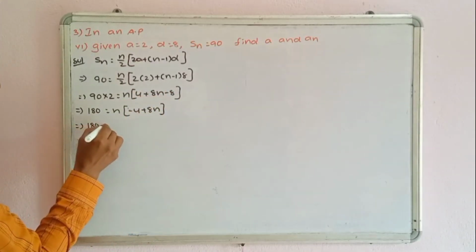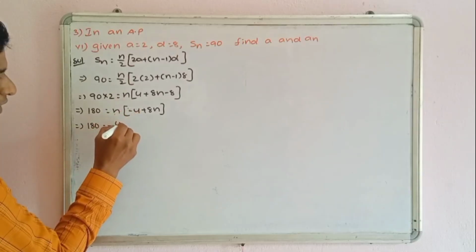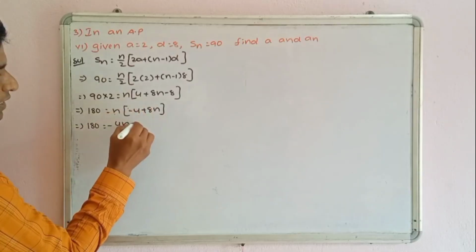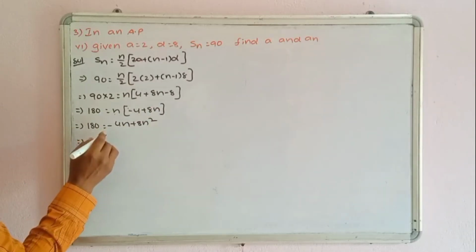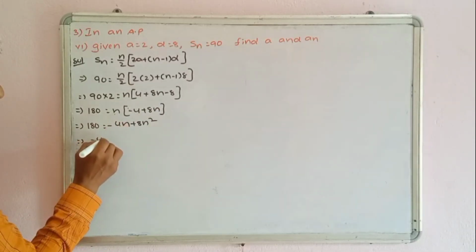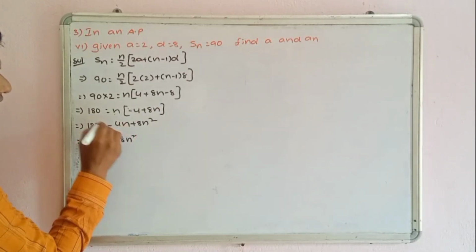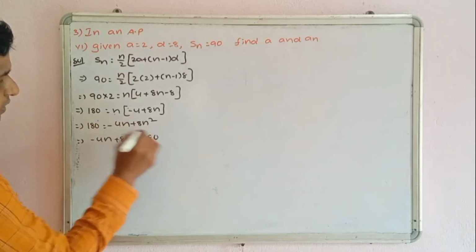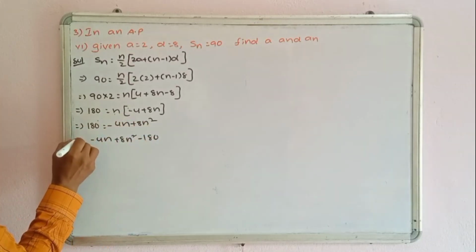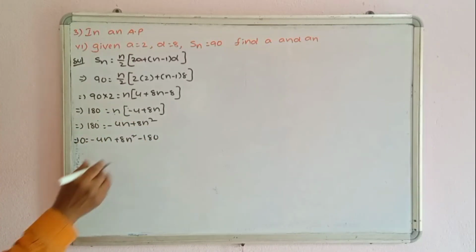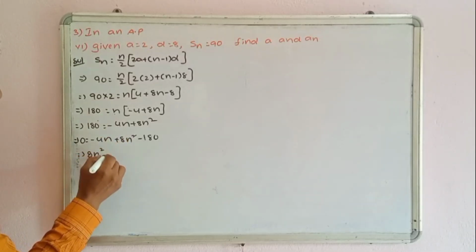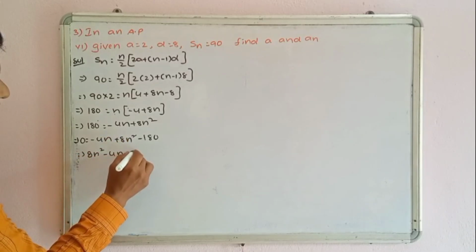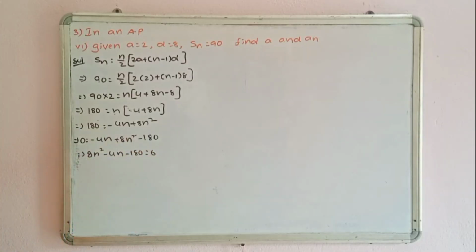So 180 equals n times minus 4 is minus 4n, n times 8n is 8n squared. So minus 4n plus 8n squared. Transposing 180, minus 180 on this side, nothing is there on the other side, so equals 0. Write in the proper order: 8n squared minus 4n minus 180 equals 0.